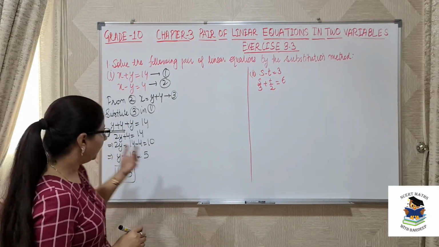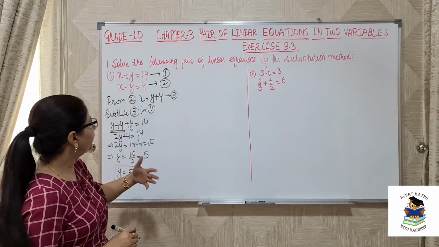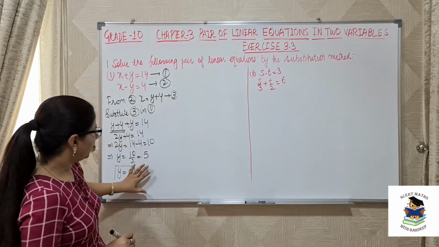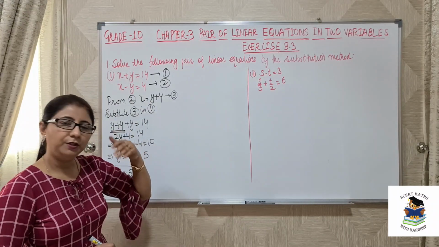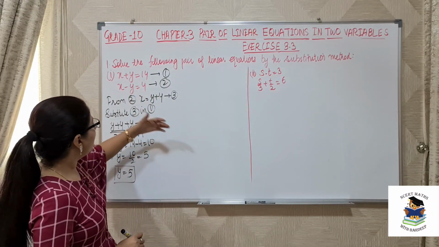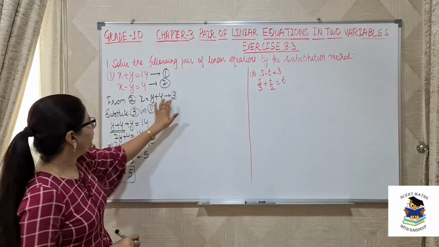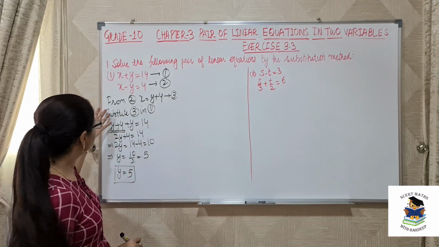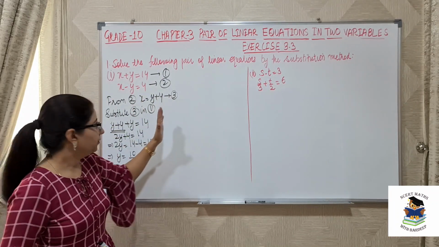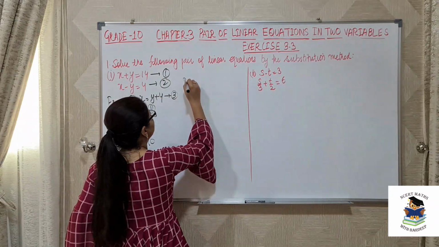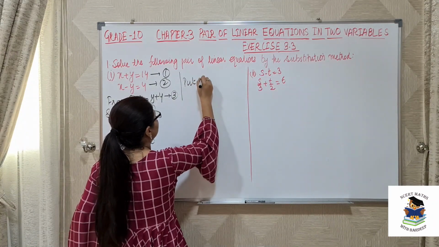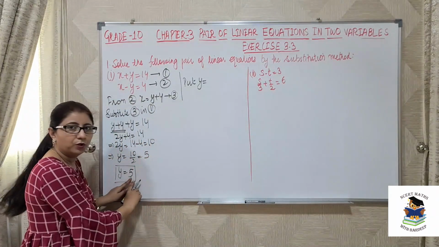Now how to get the value of the second variable? Again your choice. You can put this value in any one equation. You will get the same answer. I prefer the equation whose value we have used for substitution, so I will use this value, that is put y equals to whatever value you have got here.